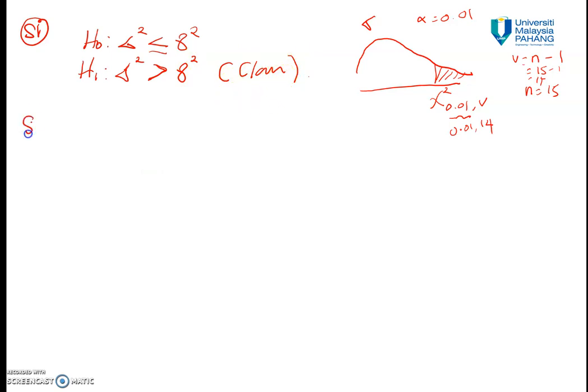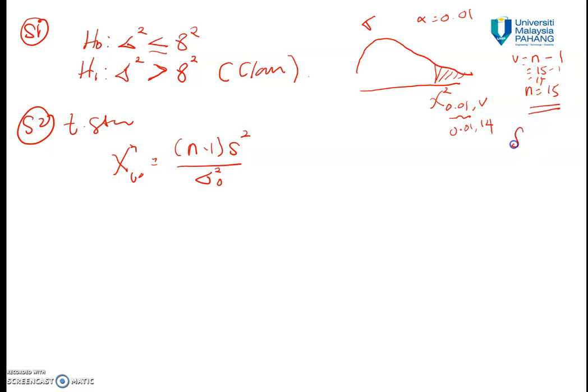Now step number 2 is the test statistic. You can look at your statistical table. We only have one test, which is the chi-square test. The formula is n minus 1, s square divided by sigma square naught. So n is 15.